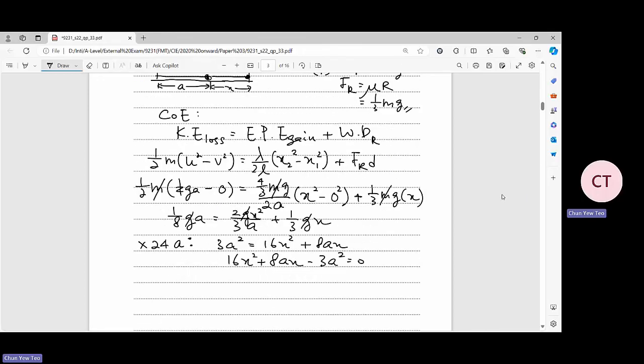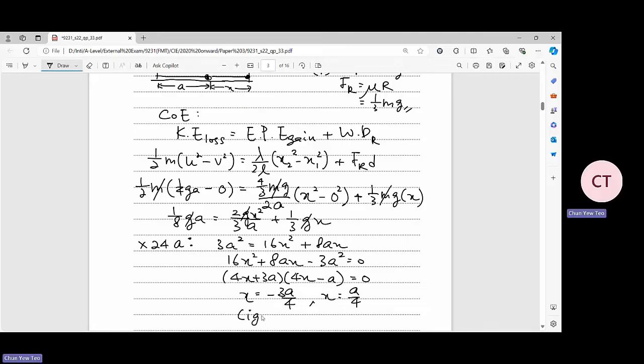Let's see if we can factorize it or not. You will have 4x, 3a, minus a. So x is equal to negative 3a over 4, or x is equal to a over 4.